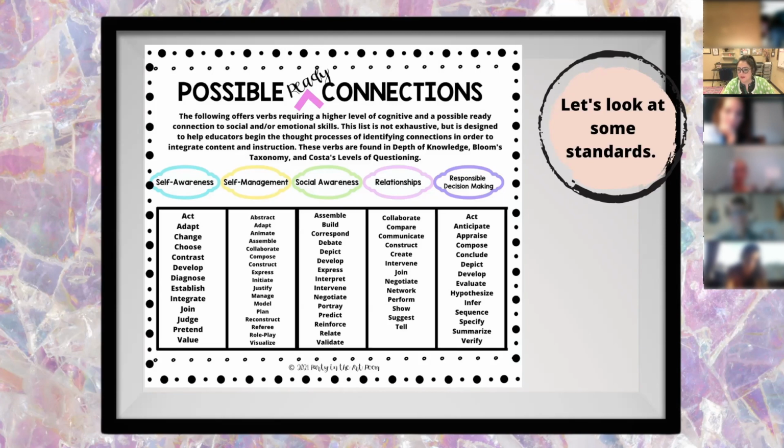Do you see perform on there? Yeah. Let's see where it's at. It's under relationship. There it is. Yeah. So maybe we've already got that ready. Now we know there's a connection. What else could I do that might make us be able to work on some SEL as we're getting ready to perform something?